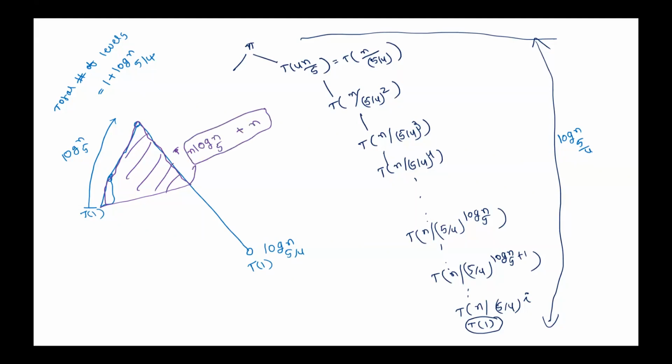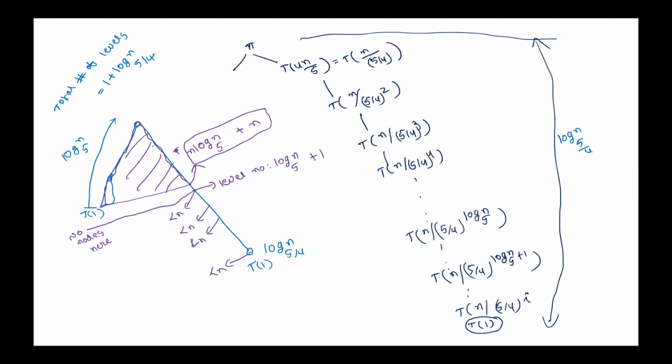Now this is level number log n base 5 plus 1. What is the amount of work done here? On this side nothing is there, no nodes here, so that contribution becomes less. So the amount of work done at this level can be considered less than n. Similarly, next level less than n, and so on, last level less than n.